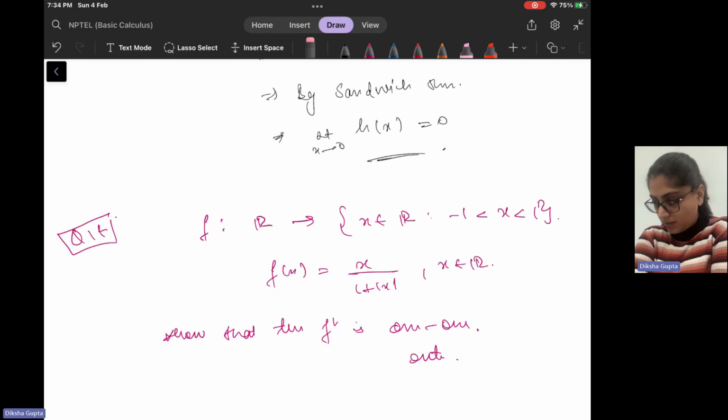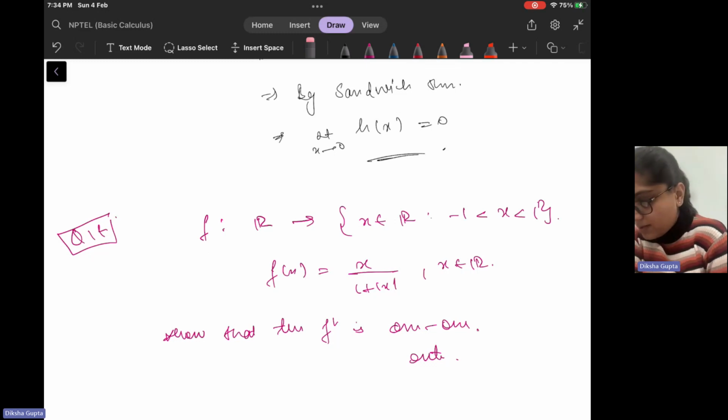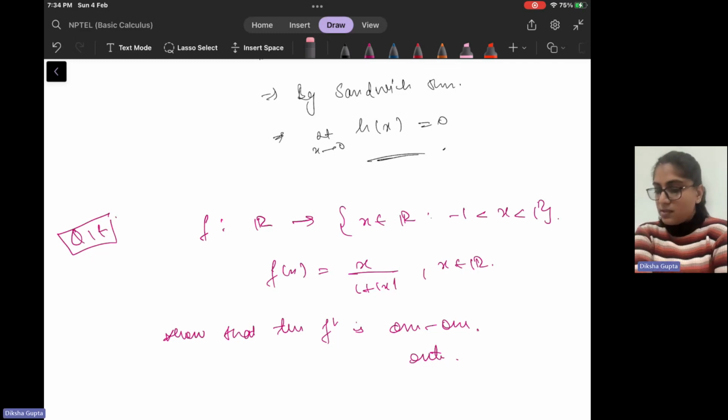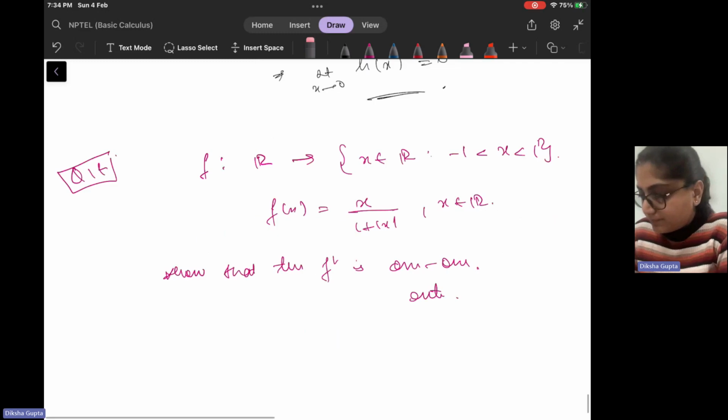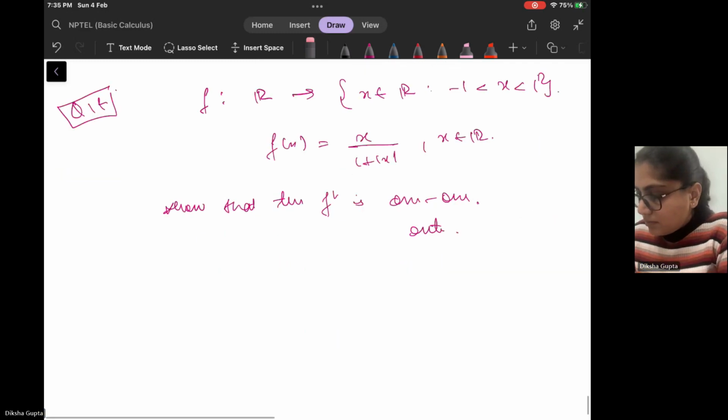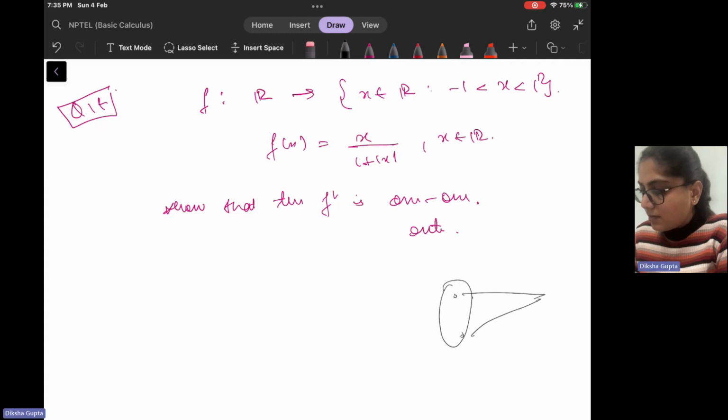So to show one-one, we show that if two points are going to the same value, then this case cannot happen, that every point is going to a unique point in the codomain.